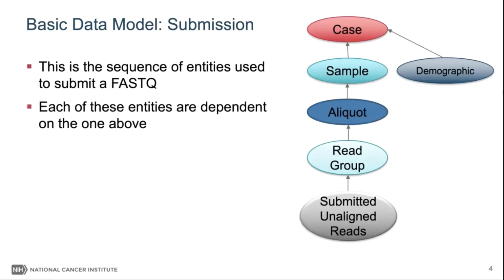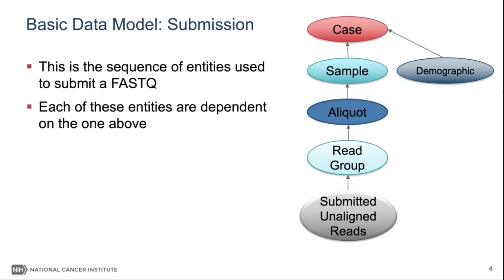For the next slide, I'm going to show you the basic data model for the submission portion of the entire data model. This is the part that a submitter would upload to submit everything from a case all the way down to a FASTQ file.